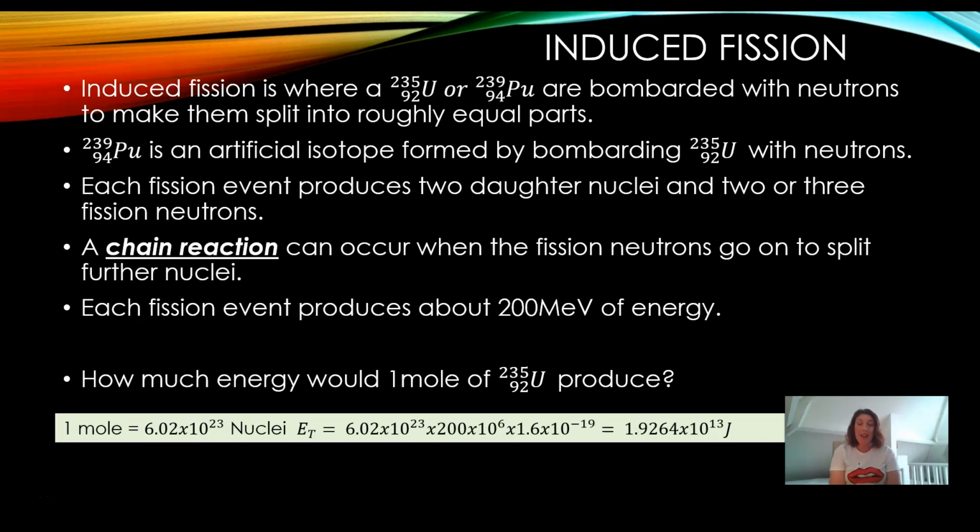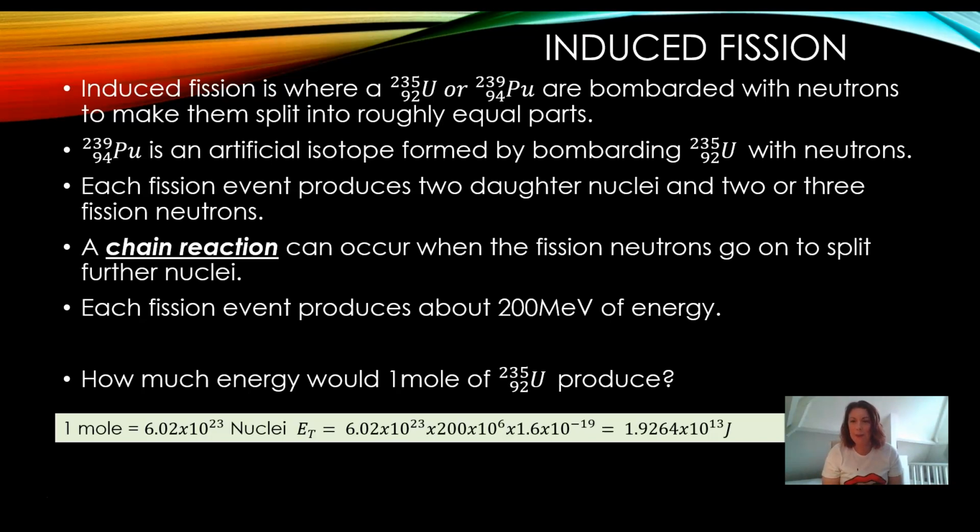So if you split every single one, you would get 6.02 times 10 to the 23 times 200 mega electron volts. And it comes out as about 1.9 times 10 to the 13 joules, which is a huge number. However, it is very difficult to fully fission that much uranium, and so you wouldn't necessarily be getting that much.